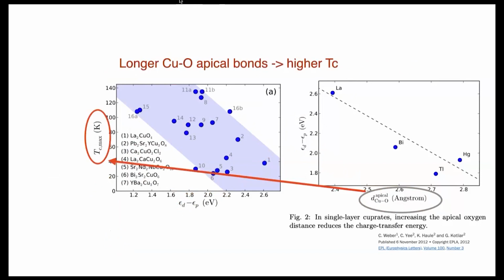Now, of course, there are many other structural things that matter here, and this isn't the strongest picture, but still you see this general trend, right? And the idea was basically that the charge transfer energy is correlated to the strength of the magnetic exchange.